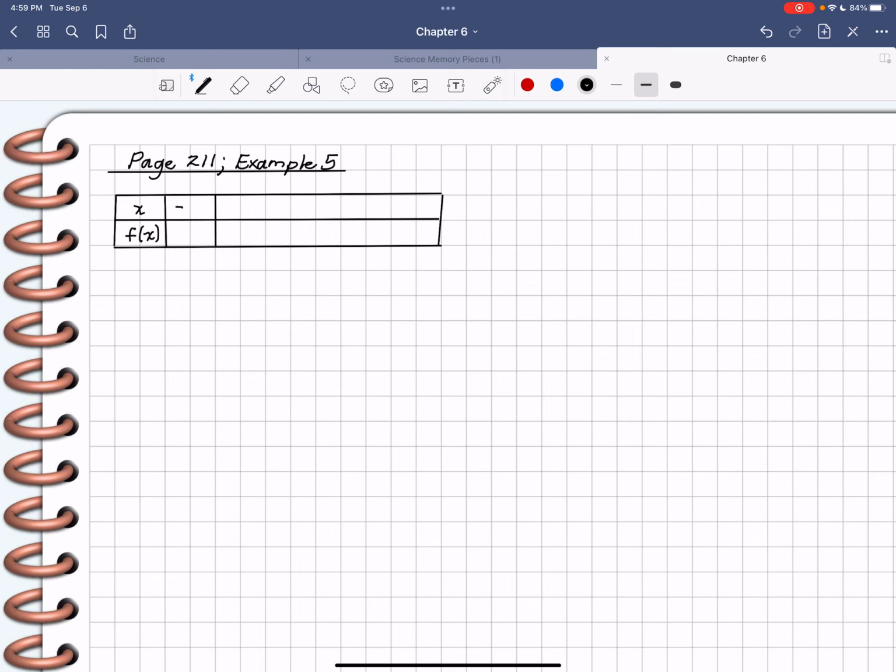And we have -3, 15, -2, 12, -1, 9, 0, 6, 1, 3, and I've run out of room.